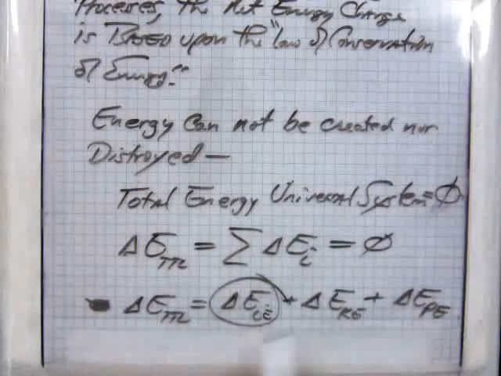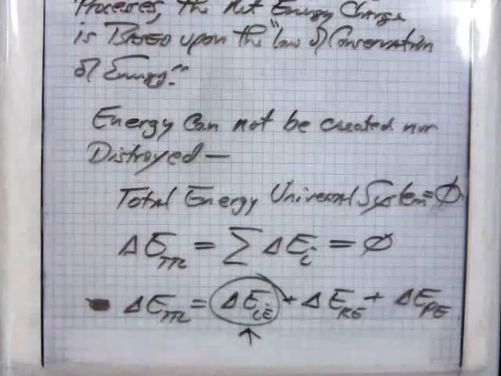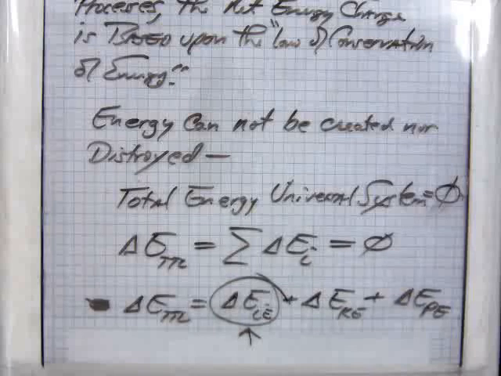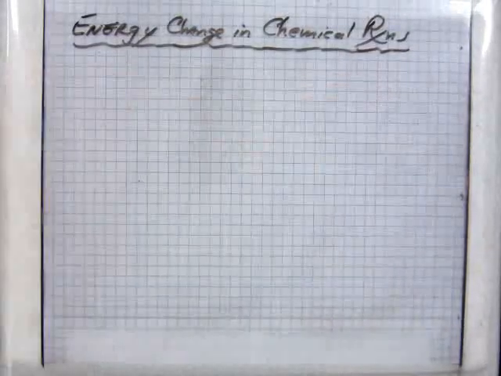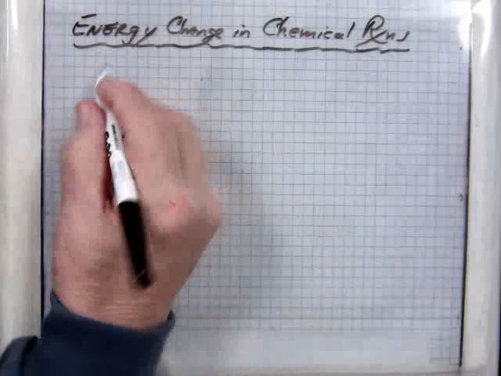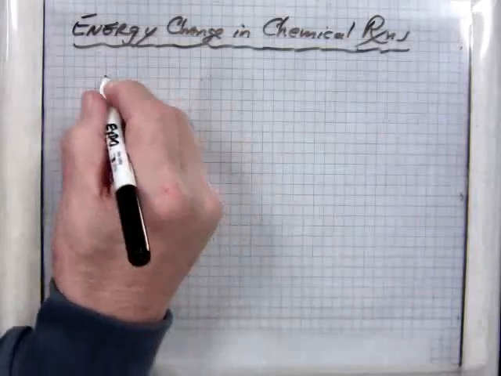But what our interest is right here: what is the change in internal energy for the system we're studying? And that is the chemical reactions. So when we talk about energy change in chemical reactions, we refer to this in a generalization, energy changes in thermochemical reactions.